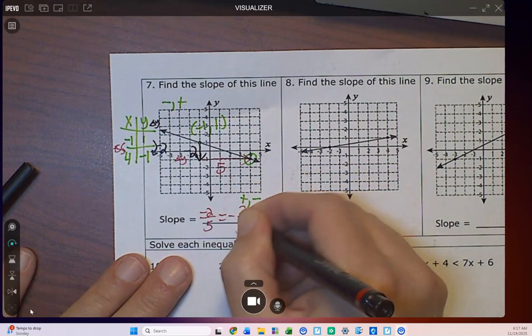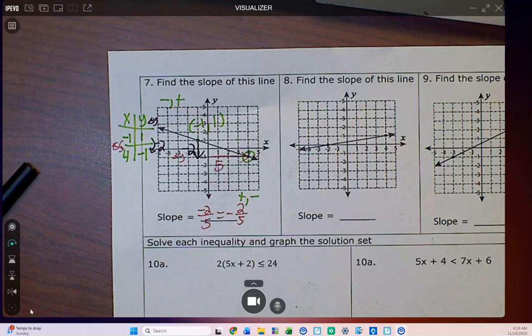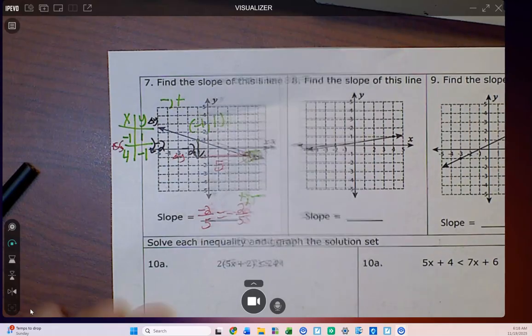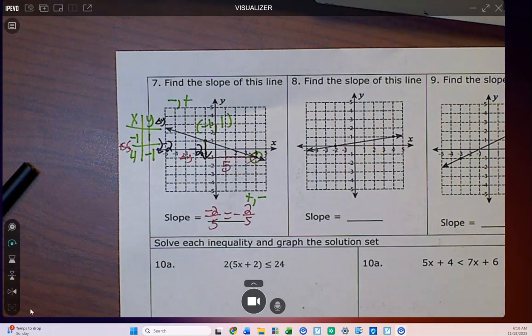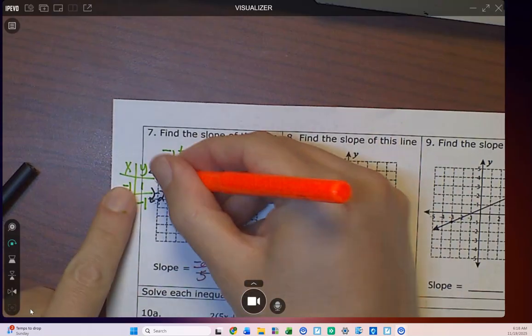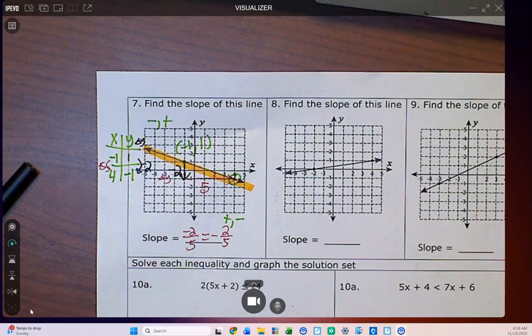So the slope of that line is negative 2/5. I'm looking for a highlighter, but all I got's orange. See, that was negative 2/5.